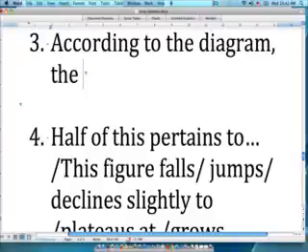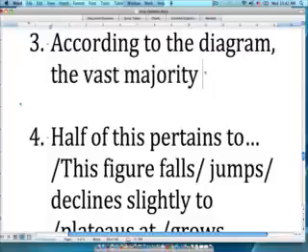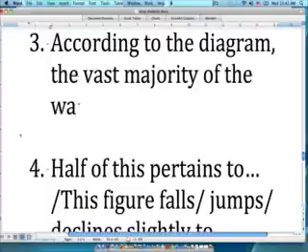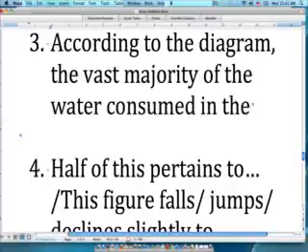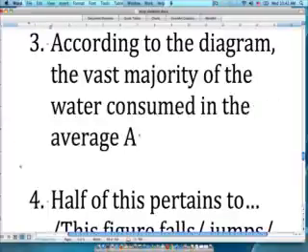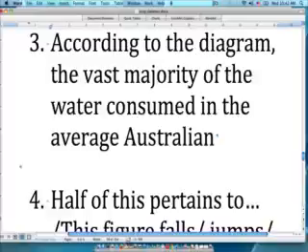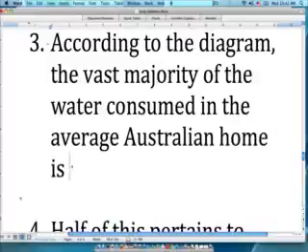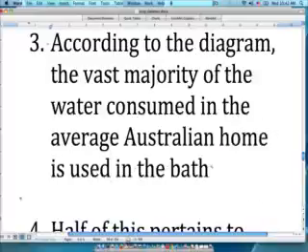So according to the diagram, the vast majority of the water consumed in the average Australian home is used, as we said, in the bathroom.